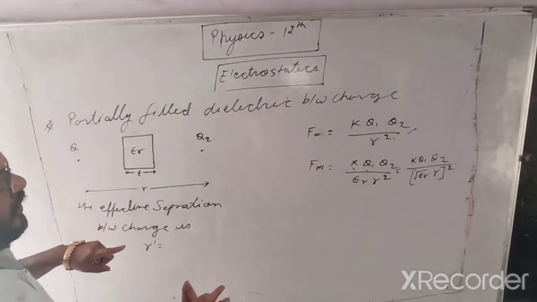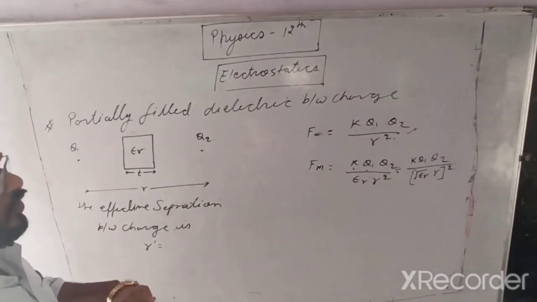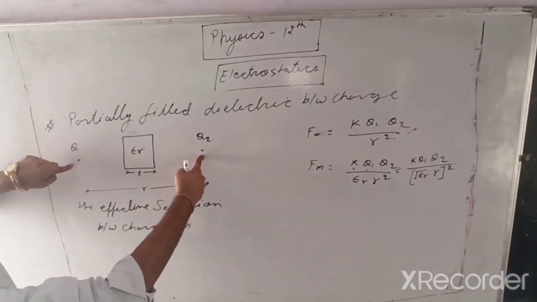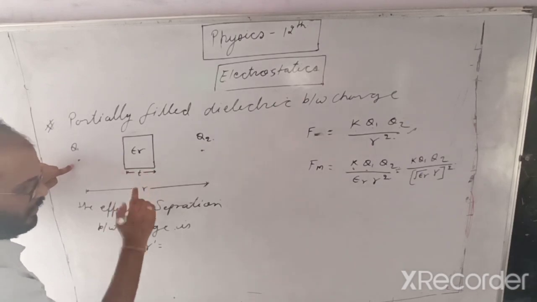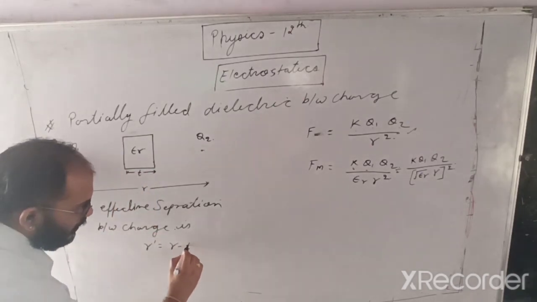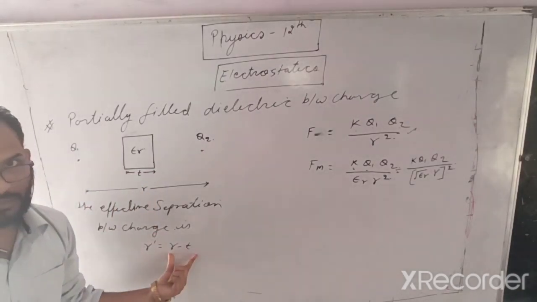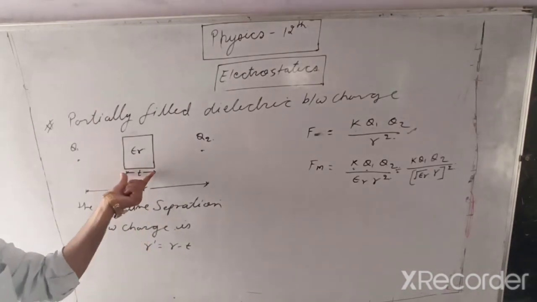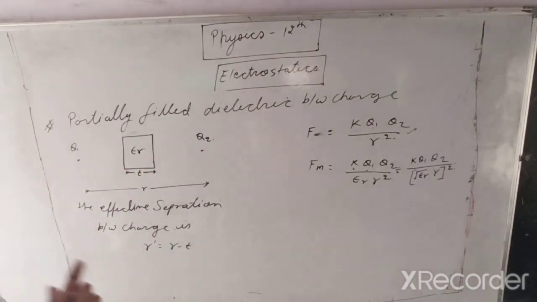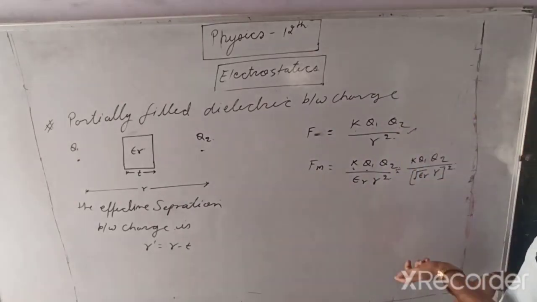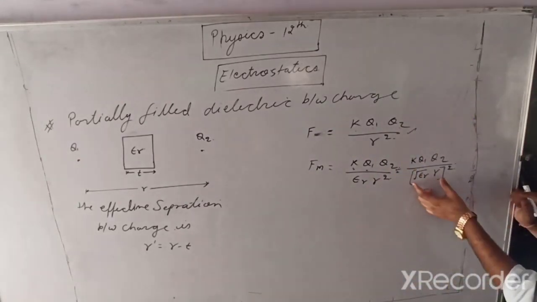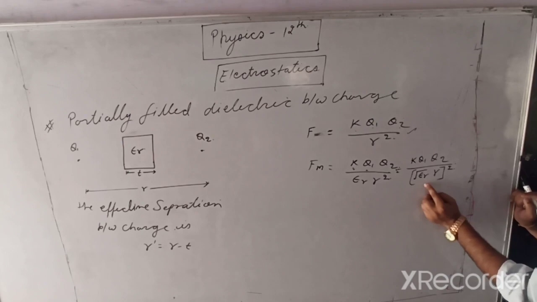In the vacuum the separation is R minus T, ठीक है, and in the medium of thickness T the effective separation will be increased by root of epsilon r times.